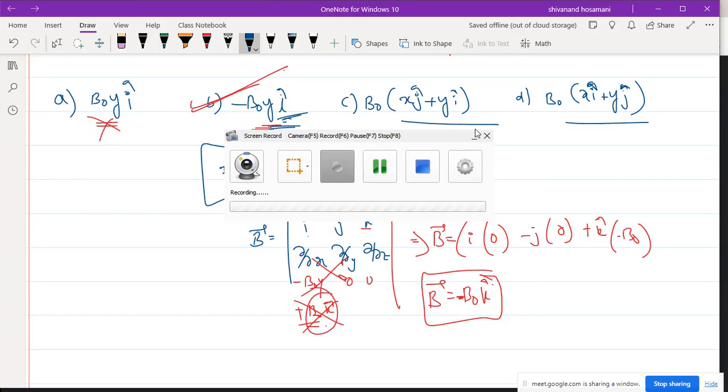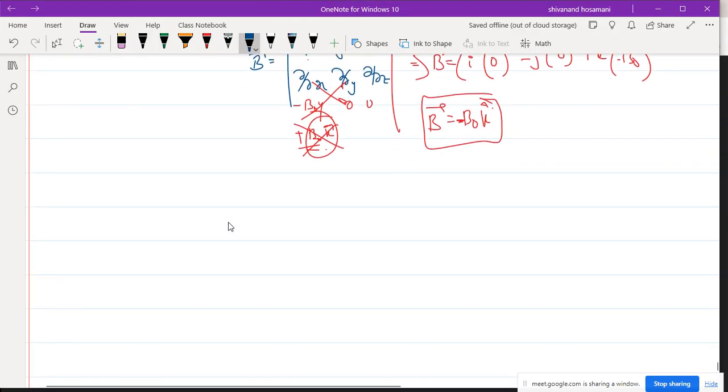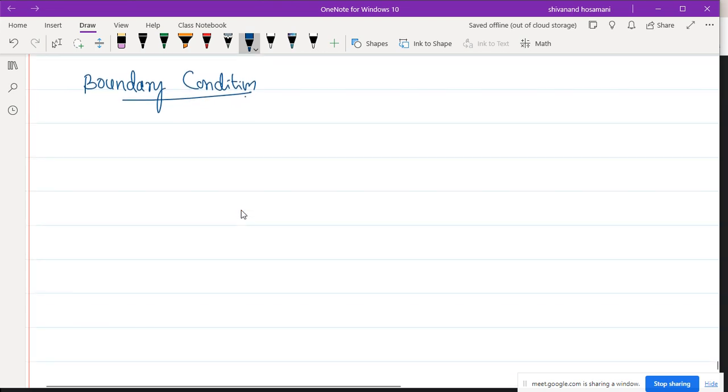Next is magnetic boundary conditions. How do you apply boundary conditions for this? Remember, it is the same as considering an interface from one medium to another, that is mu1 and mu2, with a normal.